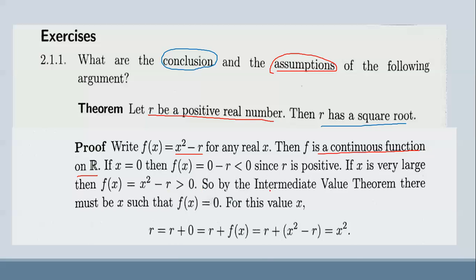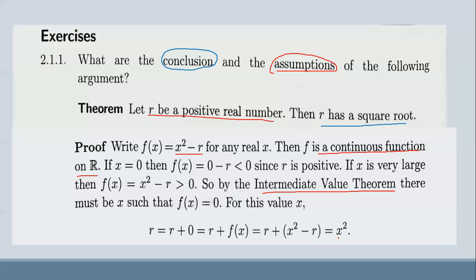So by the intermediate value theorem, now this is something we have not proved. This is something we're assuming. By the intermediate value theorem, there must be some x such that f of x equals 0. So using this assumption, we got this. So that's not something we're assuming. For this value x, we have r equals r plus 0 equals r plus f of x equals r plus x squared minus r equals x squared.